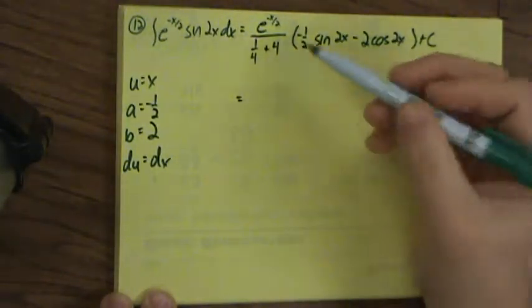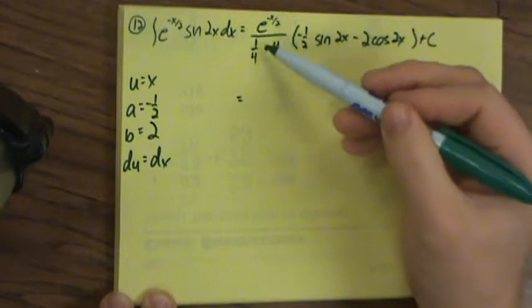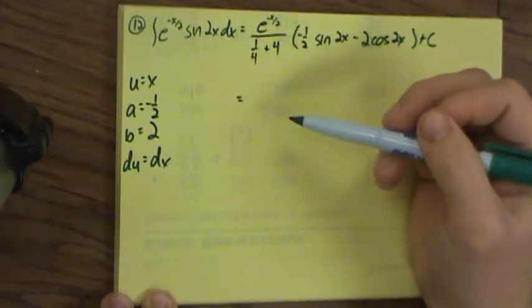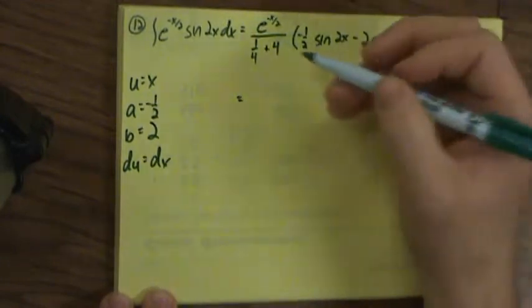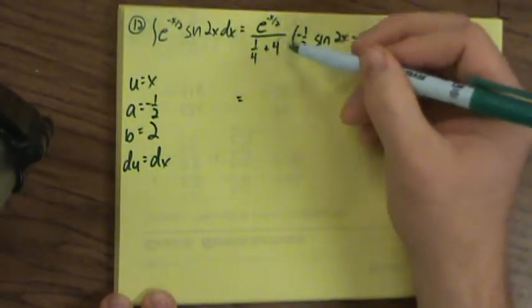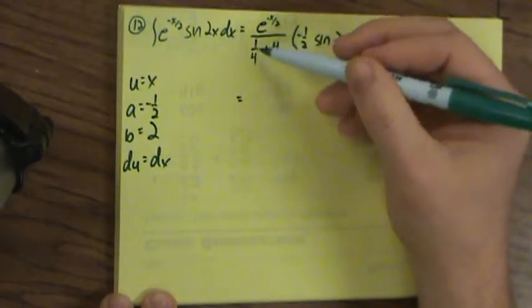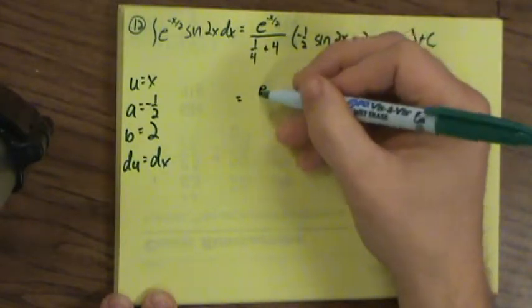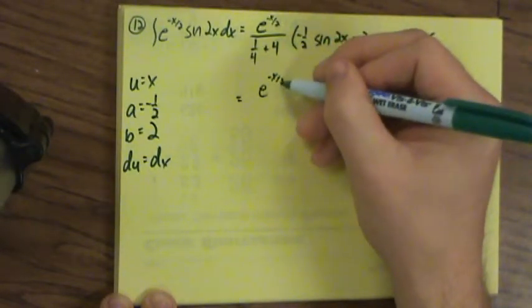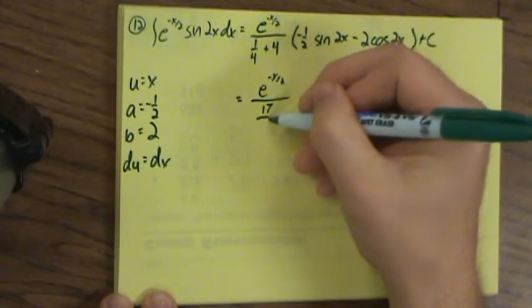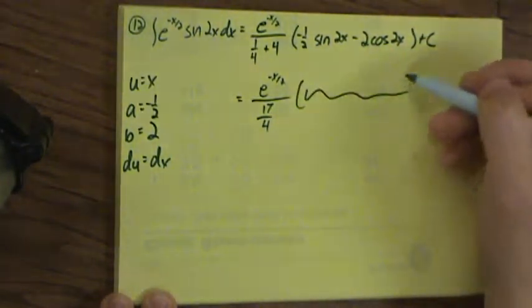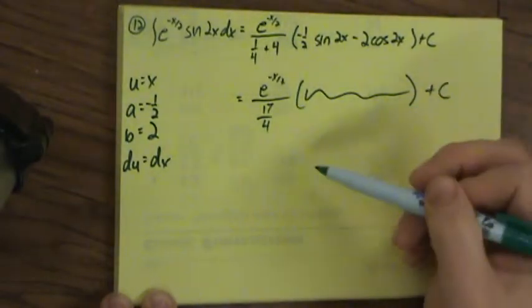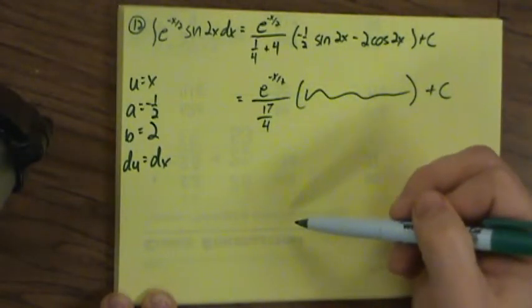So the next thing, we just like to clean this up since this is a fraction within a fraction. That's not so attractive. So how do we do that? This is 1/4. This is 16/4. So this would be 17/4 altogether. E to the negative x over 2 over 17/4 times the rest.